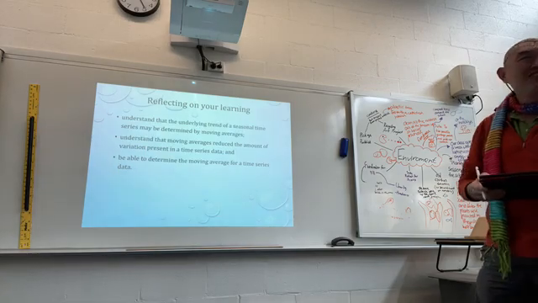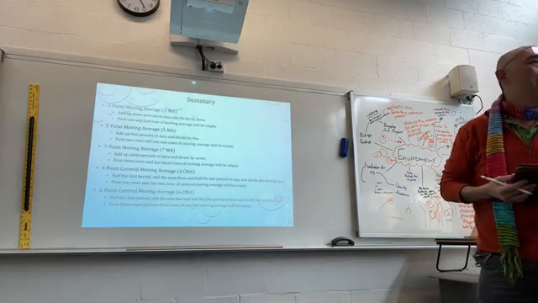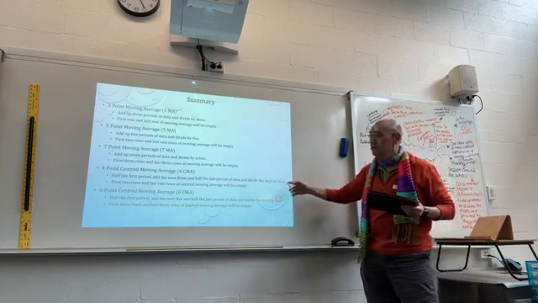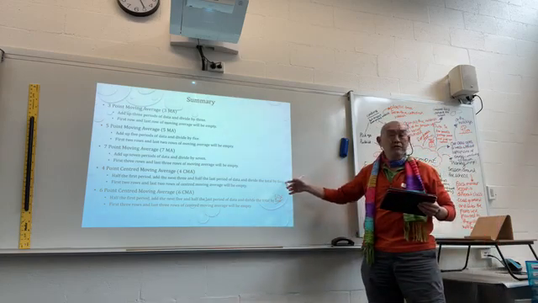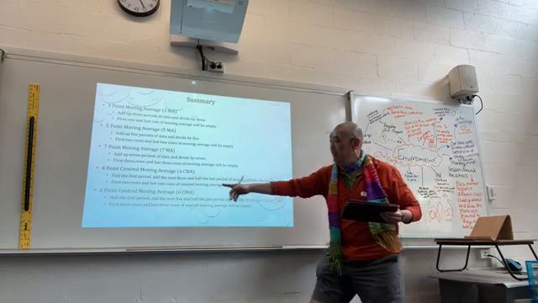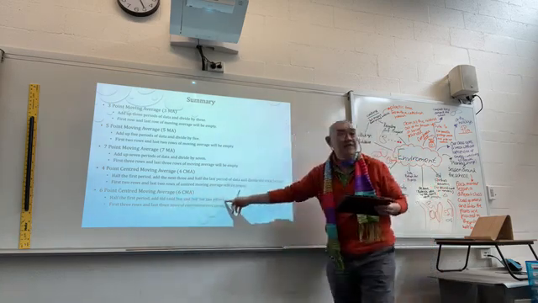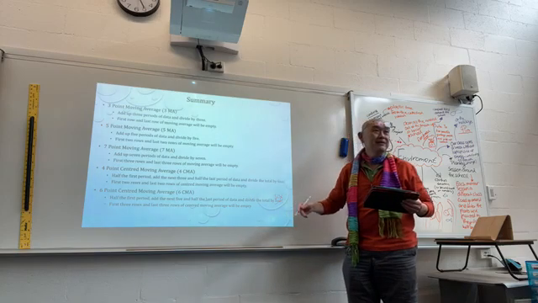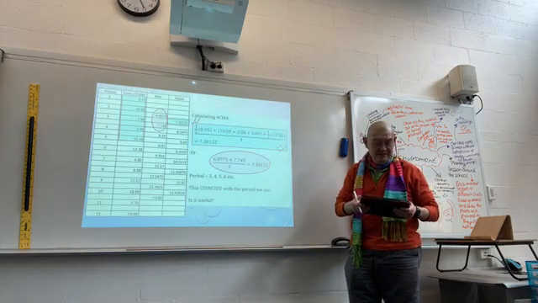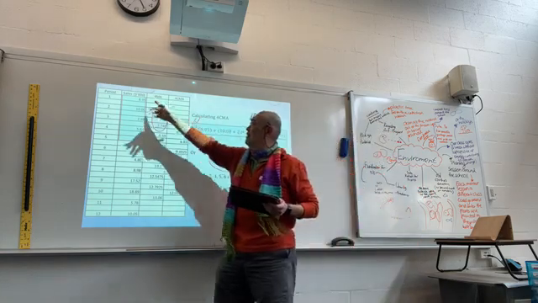When you have 4 CMA, isn't it still 4? Yeah, it is 4. 4 points divided by 4. But then the 6th one is 6. Half the first period, add the next 5, and then half the last period. But for the example we did, we divided by 4. We did a 4 points moving average. Wait, didn't we use 5 points?